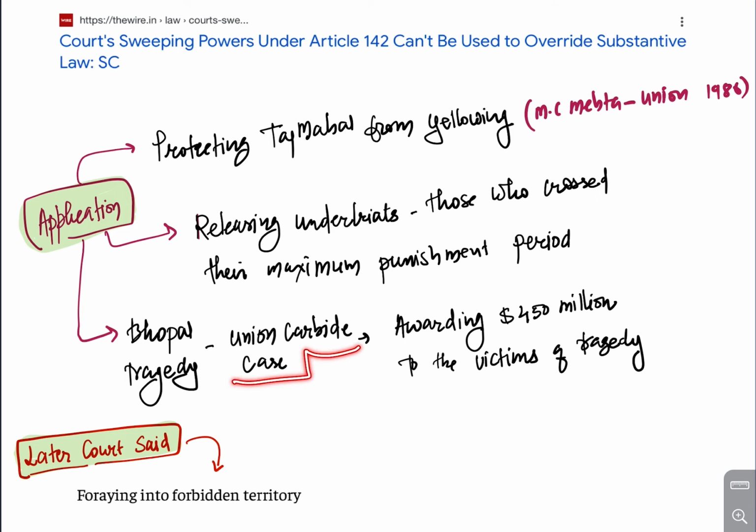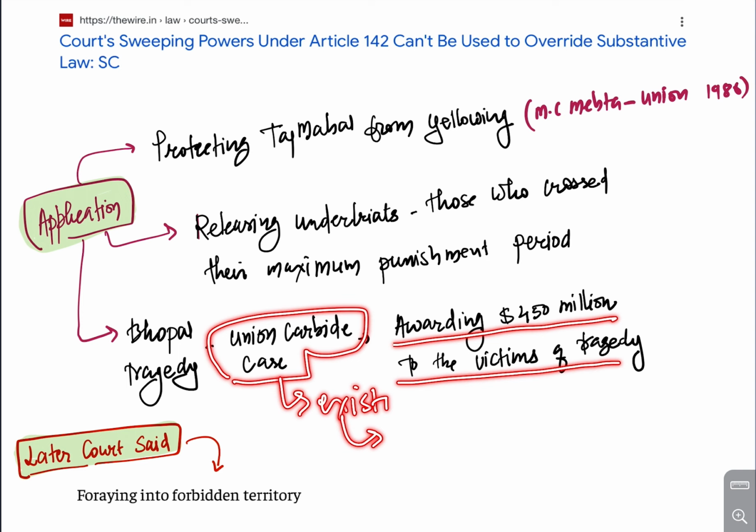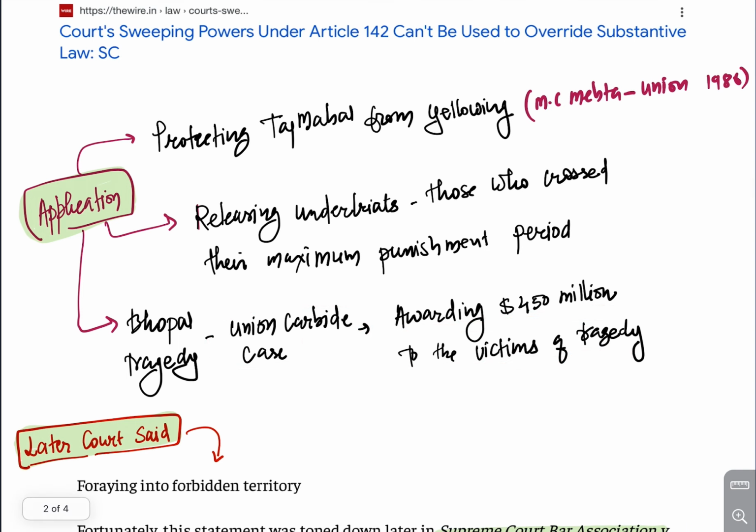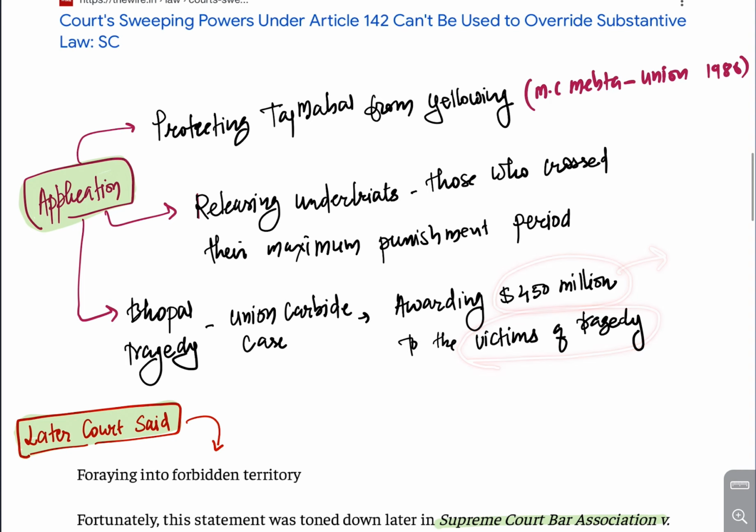The Supreme Court found that the existing law was not enough to do justice to the victims of the Union Carbide tragedy, and the compensation provided under the existing law was not enough. So the Supreme Court, under its discretionary power, awarded around $450 million of compensation to the victims of the tragedy, right?